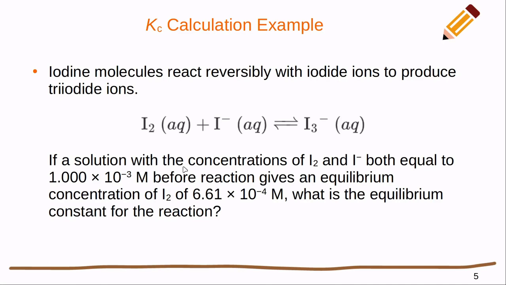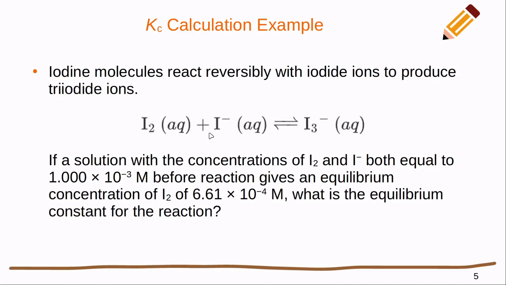If a solution with concentrations of I2 and I minus both equal to 1 times 10 to the negative 3 molar before reaction, so the initial concentrations of I2 and I minus are 1 times 10 to the negative 3 molar, gives an equilibrium concentration of I2, so now I'm being given a new concentration of I2, of 6.61 times 10 to the negative 4 molar, what is the equilibrium constant for this reaction?